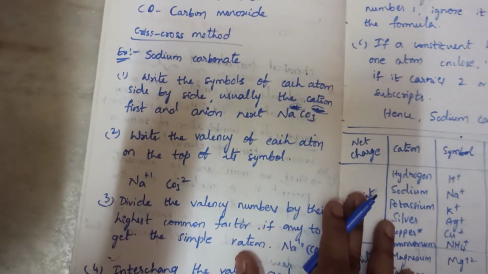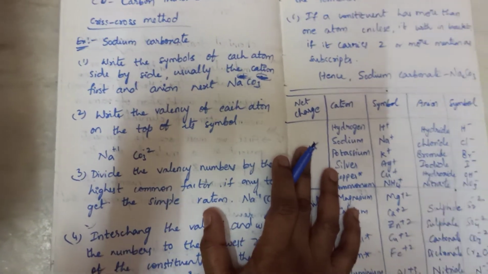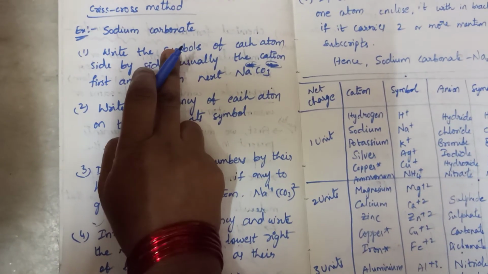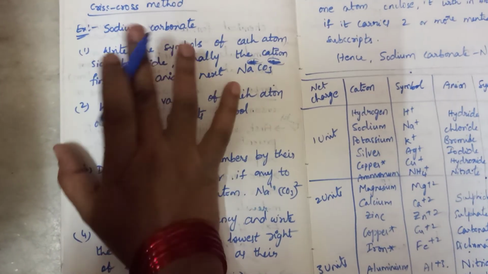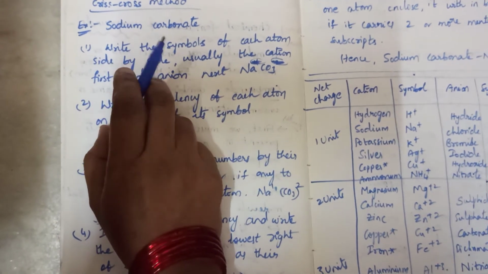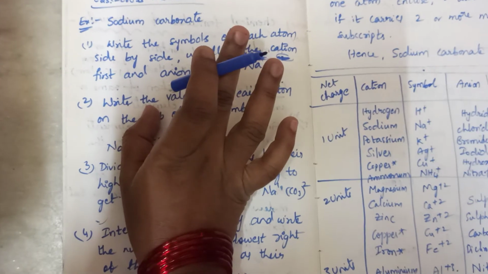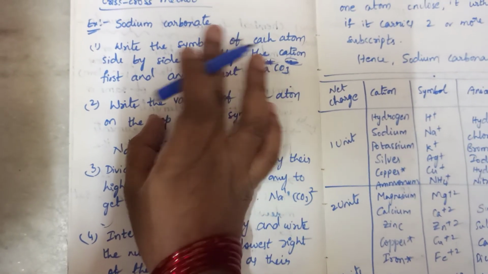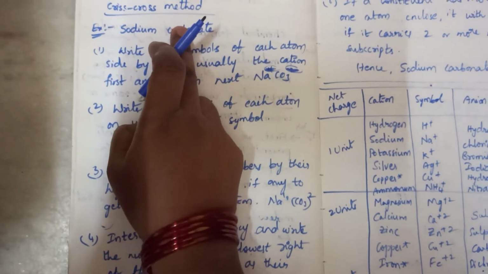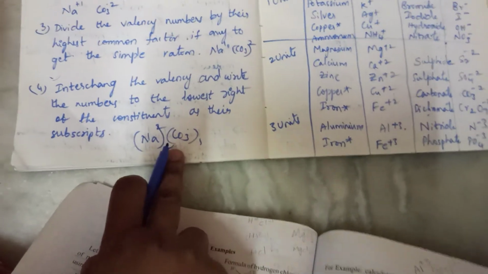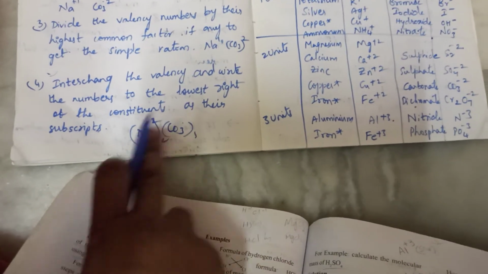For this we have the crisscross method, which we studied in 9th class. Here I am taking sodium carbonate as an example. First we need to write the symbols of each atom side by side. We need to find the chemical formula for the compound sodium carbonate.